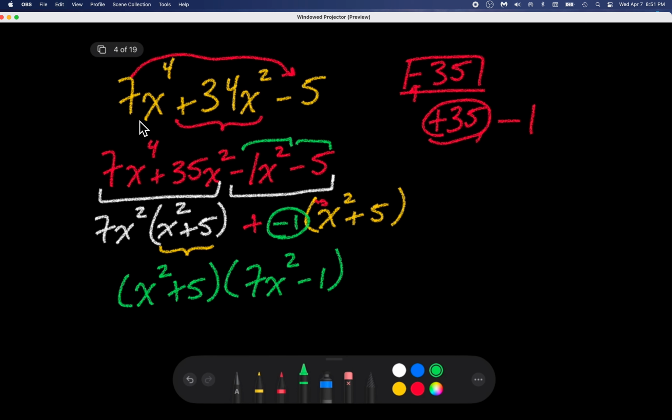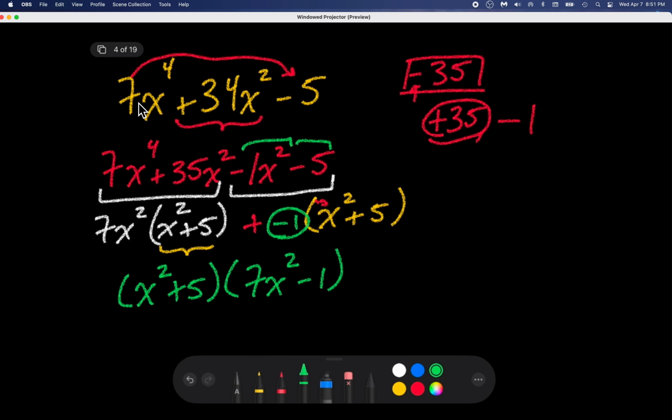Let's review what we did. We take this coefficient, we multiply it by negative 5, we put negative 35 in the box. We came up with two factors that multiply together to give us negative 35 and add up to positive 34x squared. We team the 35x squared with the 7x to the fourth.